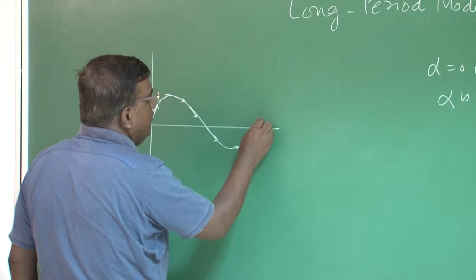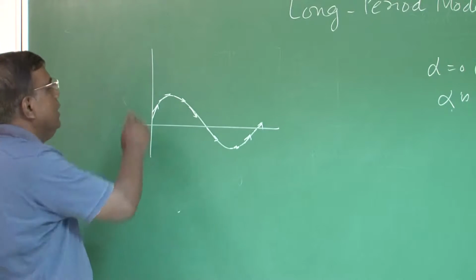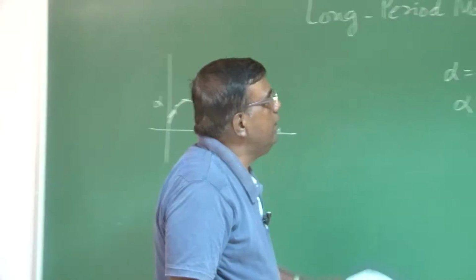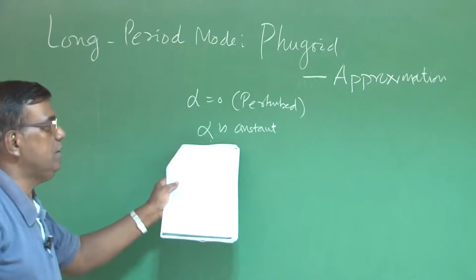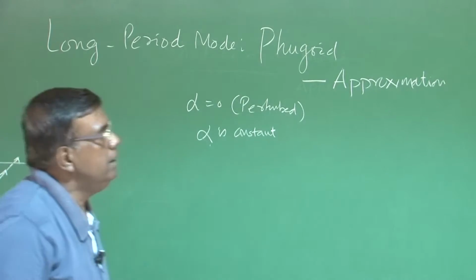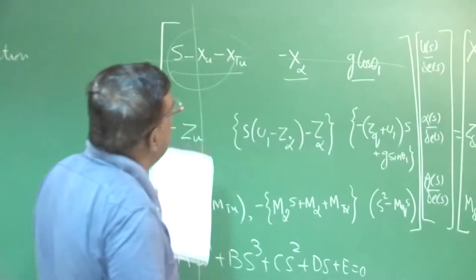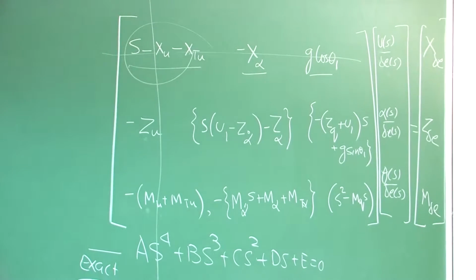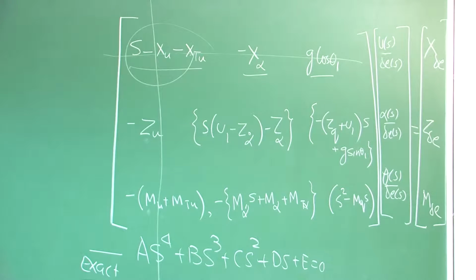I repeat, this is not a very good approximation, but okay. If I assume that alpha perturbed is 0 because alpha total is constant, then we can again see how best we can simplify this matrix, and that is exactly what we will be doing now.